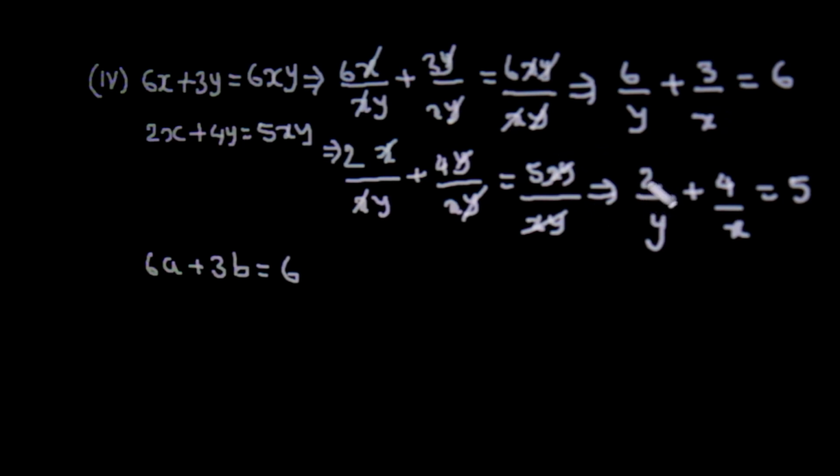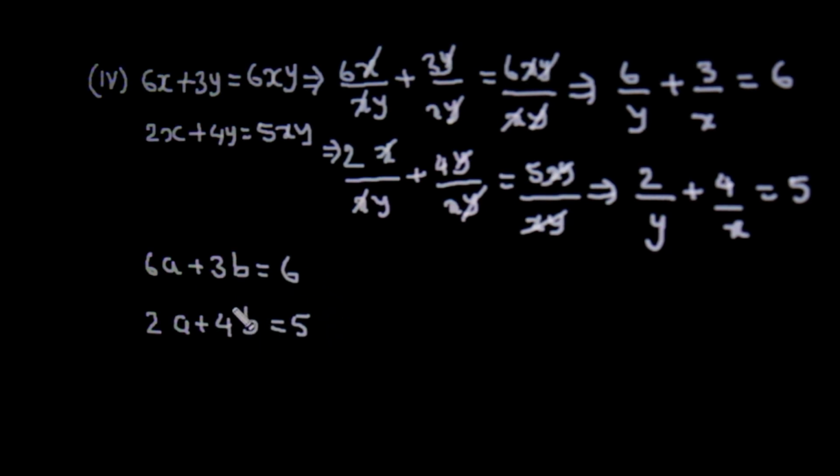In the same way, 2 by y can be written as 2 into 1 by y, 2 into 1 by y is a, 4 into 1 by x is b is equal to 5. You have two equations. If you solve these two, you will get the values of a and b.